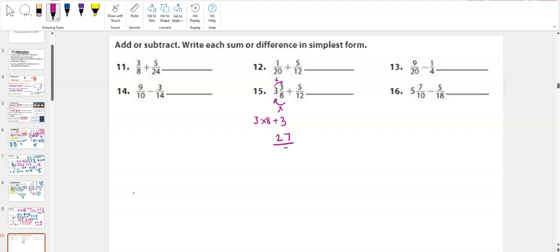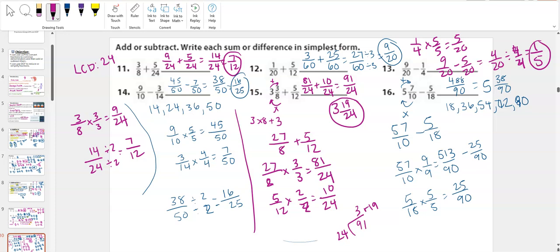So this is 27/8 plus 5/12. Okay, and you're going to go ahead and solve these problems. Give it a practice. Pay attention to your signs, right? Pause that video and then come back and join me and see if you can double check your work with my answers.